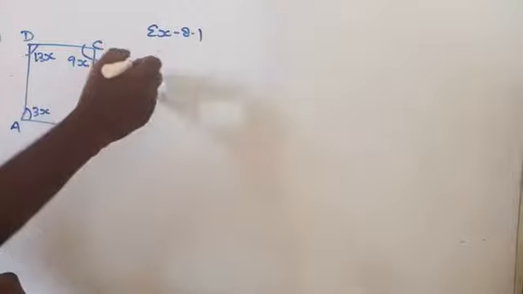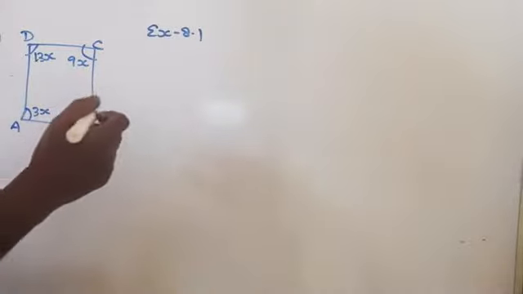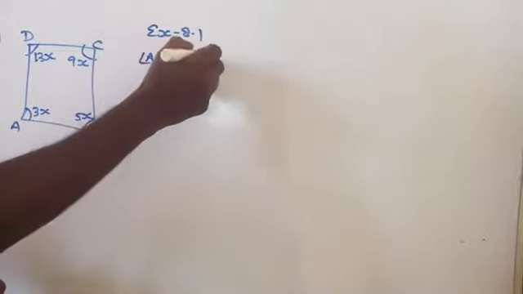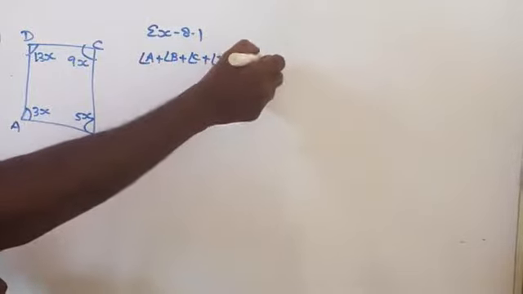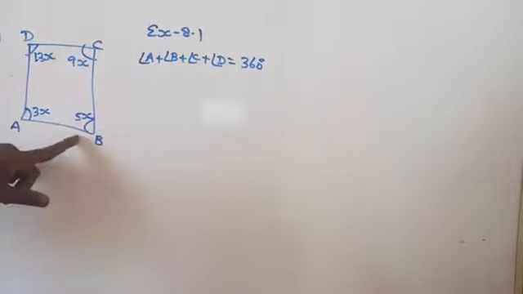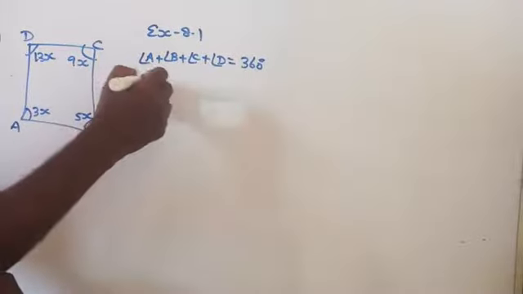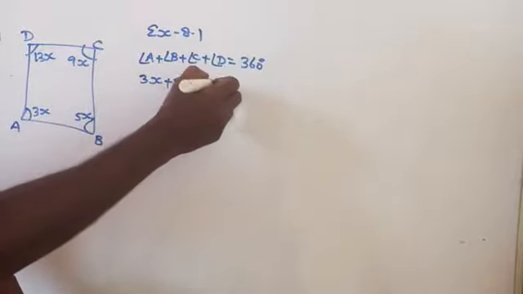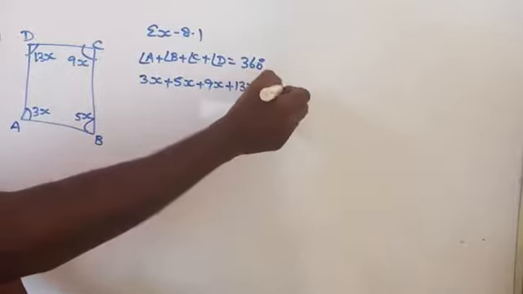So what is the angle sum property of a quadrilateral? The sum of all angles in a quadrilateral is 360 degrees. So angle A plus angle B plus angle C plus angle D equals 360 degrees. Before that, write angle A is 3x, angle B is 5x, angle C is 9x, angle D is 13x. Substituting, 3x plus 5x plus 9x plus 13x equals 360.